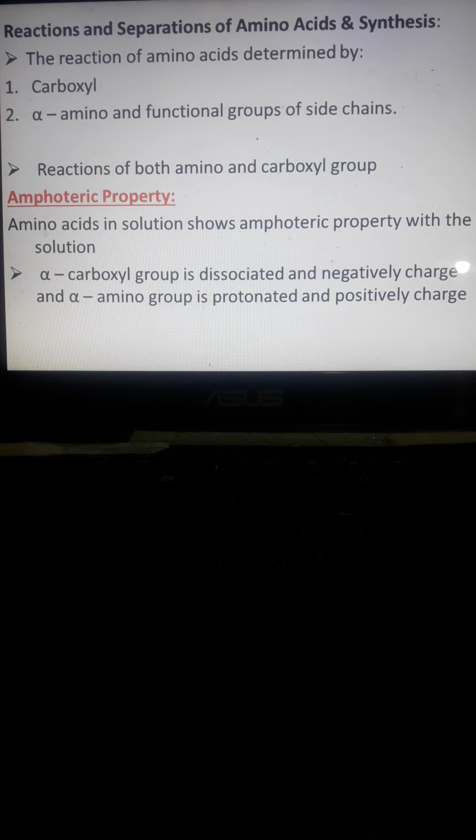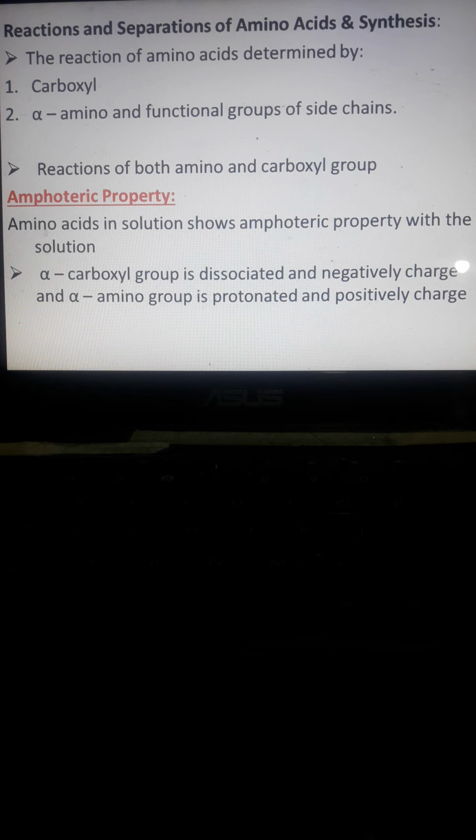Next, we go now to the reactions and separations of amino acids and synthesis. The reactions of amino acids are determined by the carboxyl group. Because the carboxyl group is negative, it will react with a positive. And the amino group or alpha amino group and functional groups of the side chain.